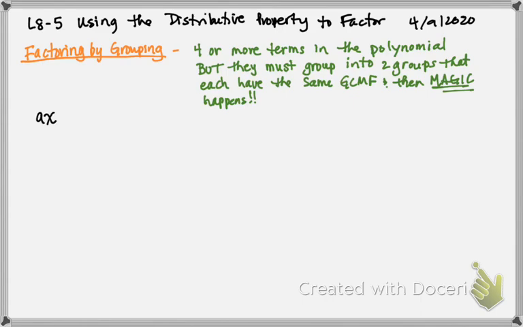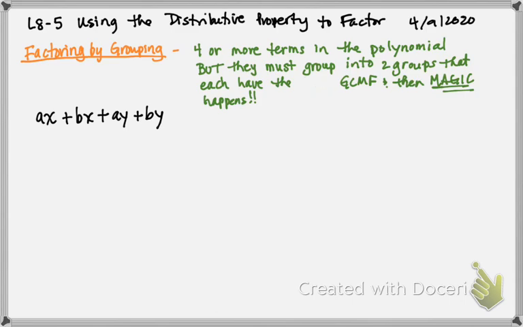So we're going to go real simply. We have AX plus BX plus AY plus BY. So the question is, is there something that I can pull out? Oh, no, they don't have the same GCMF.